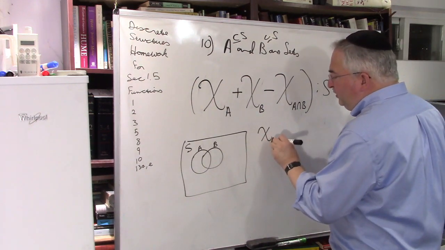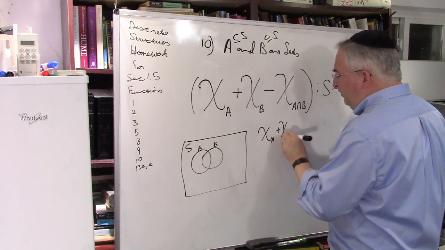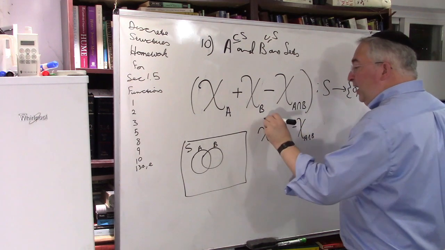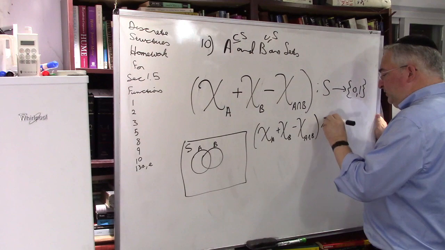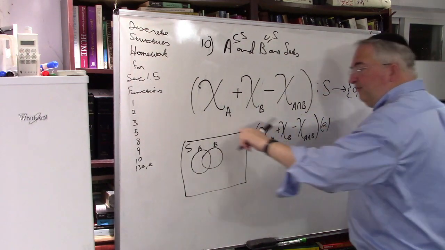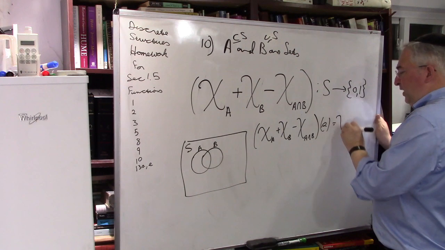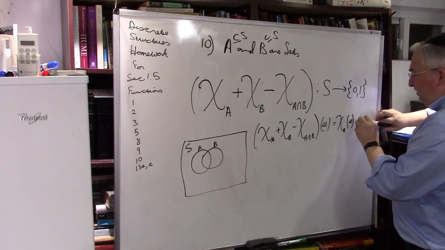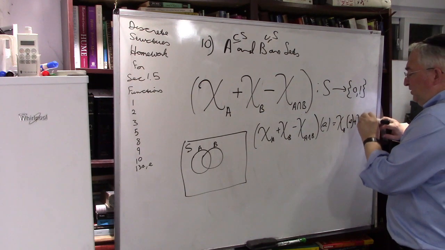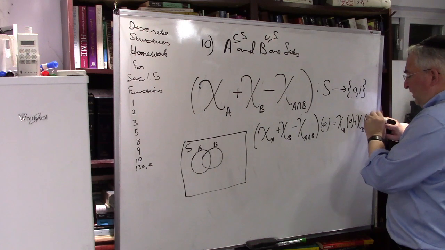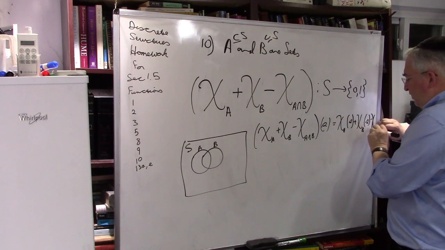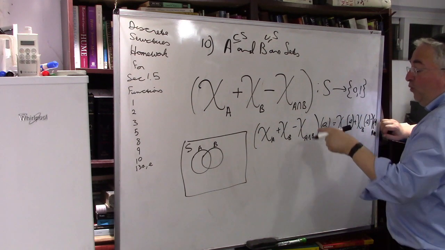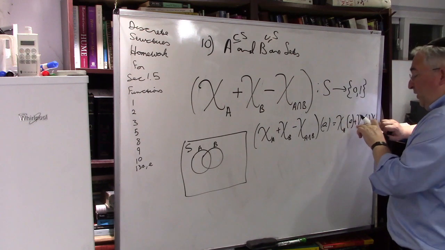The characteristic function of A plus the characteristic function of B minus the characteristic function of A intersect B at little s, that's an input from here, is equal to the characteristic function of A at little s plus the characteristic function of B at little s minus the characteristic function of A intersect B at little s. Just like before, we apply s to each one of the functions and we add them and subtract them.